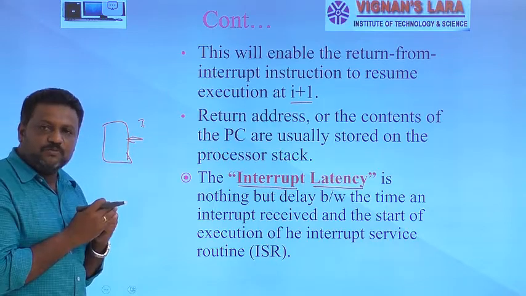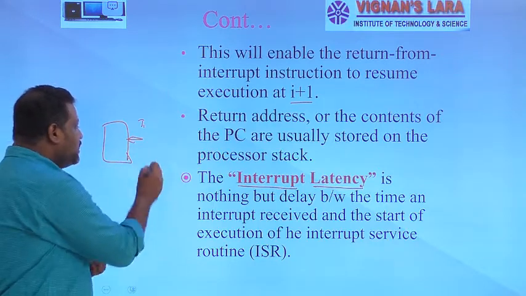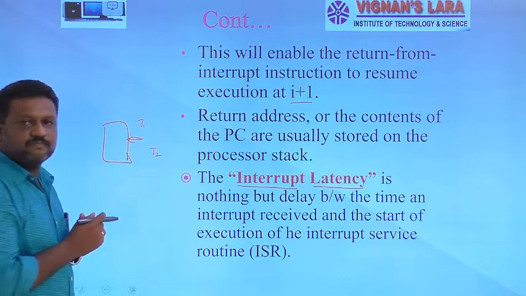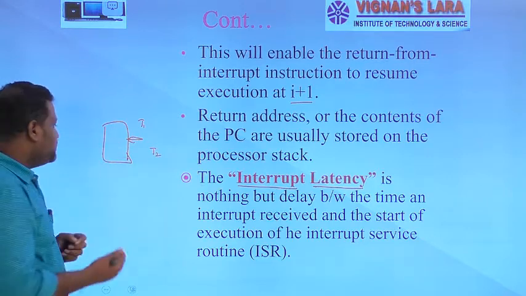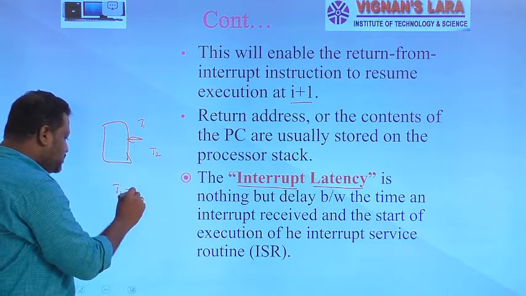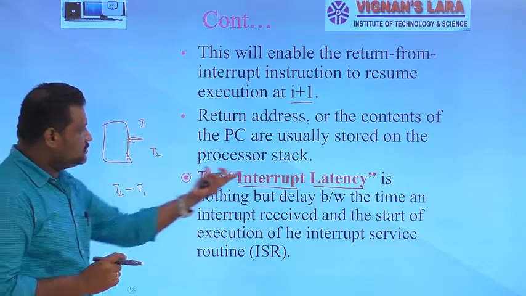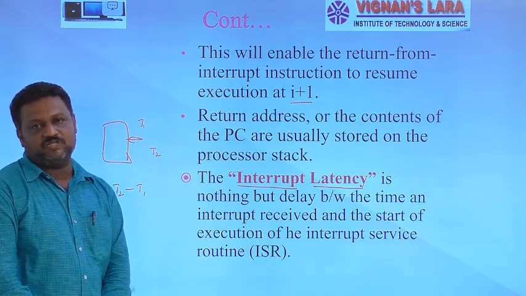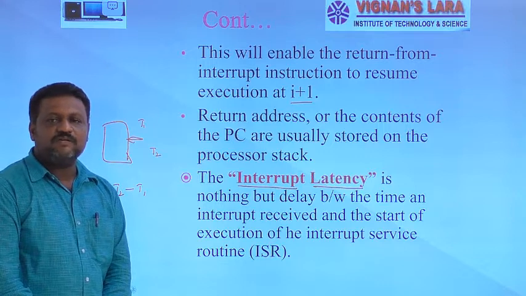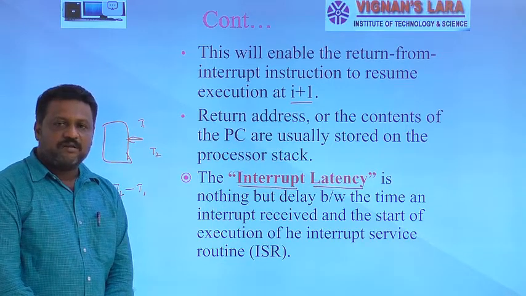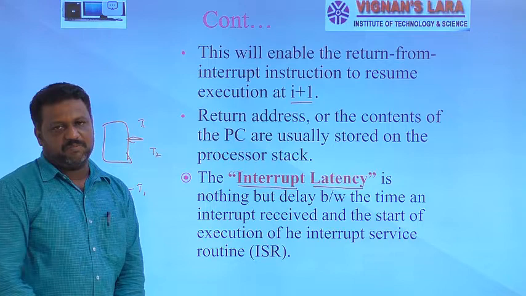Your CPU starts execution of the service routine at time T2. Then the difference T2 minus T1 is what we call interrupt latency. So this is one of the important parameters in interrupts you have to remember.